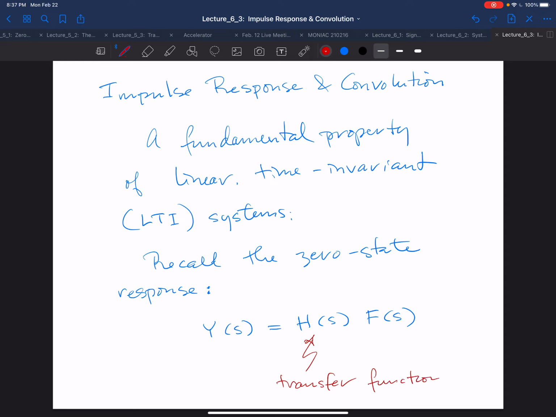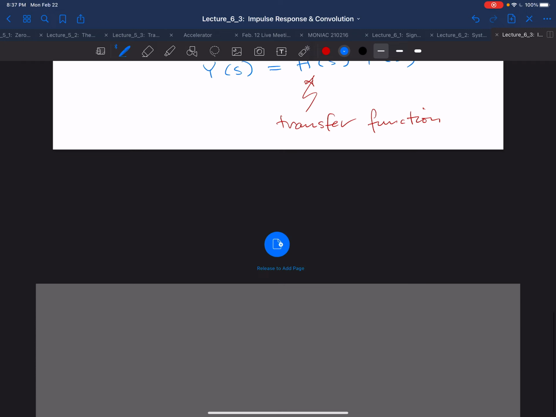But what does it mean? How can we interpret it? What is its significance in some kind of systemic sense? Well, another thing that we saw just before the break was the transform of a unit impulse.